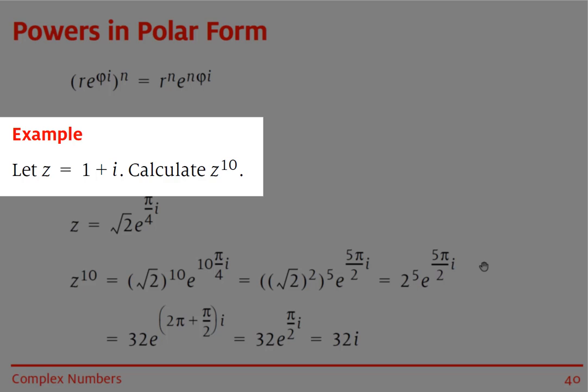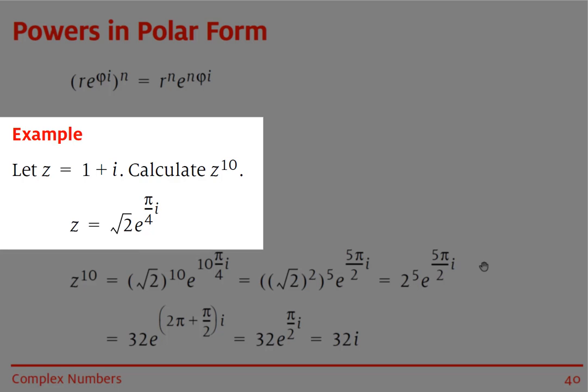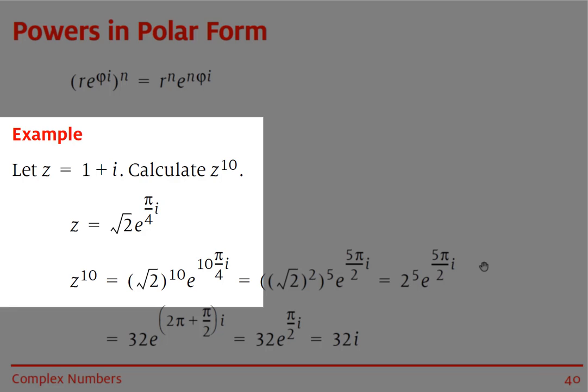As an example, we choose z equals 1 plus i, and we want to calculate z to the power of 10. So first we transform it into polar form, which is square root of 2 times e to the power of pi fourth i, and now we raise it to the power of 10. So we raise the factor to the power of 10, square root of 2 to the power of 10, and multiply the angle by 10, which is 10 times pi fourth.